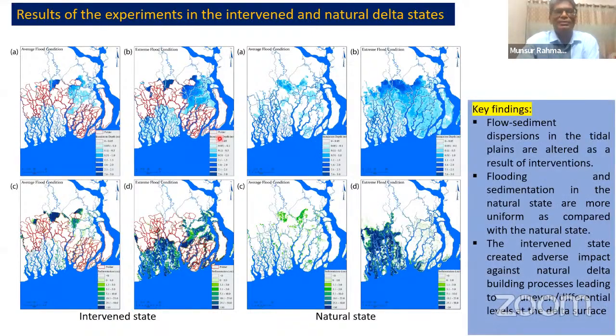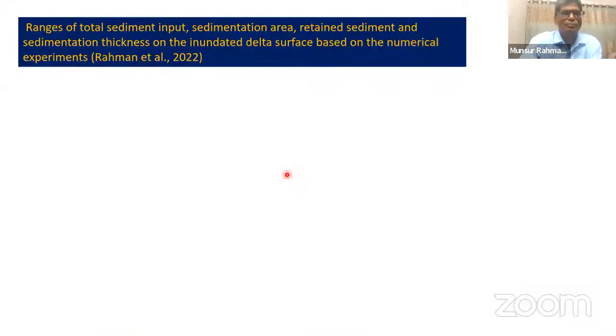So these states already changed the flow sediment regime, and that can be restored to some extent through adequate management of the sediment inside the polder. That is, incoming sediment, we can have a better management.